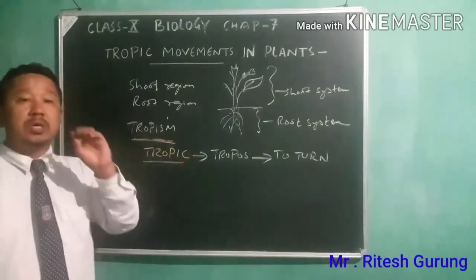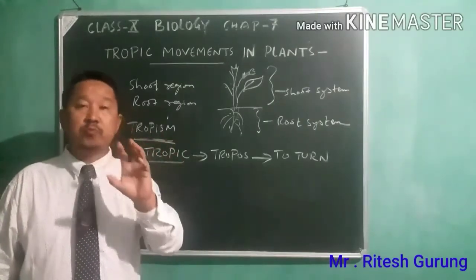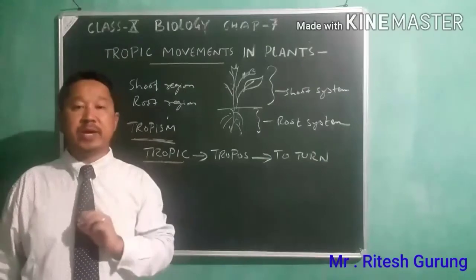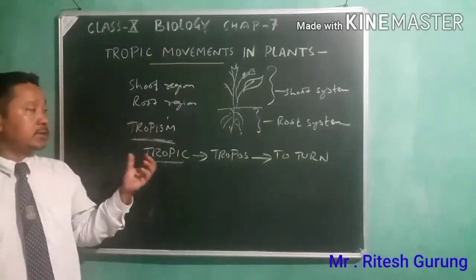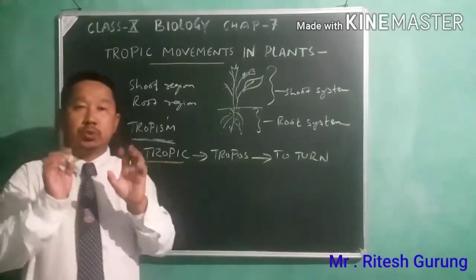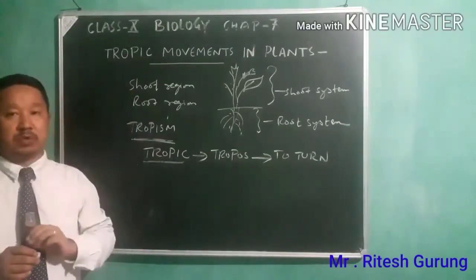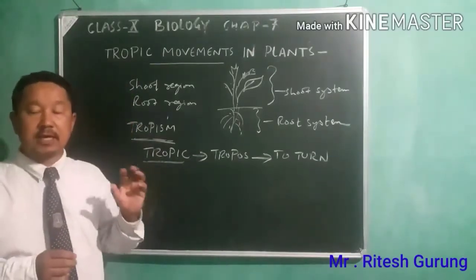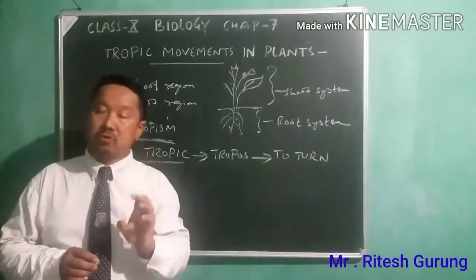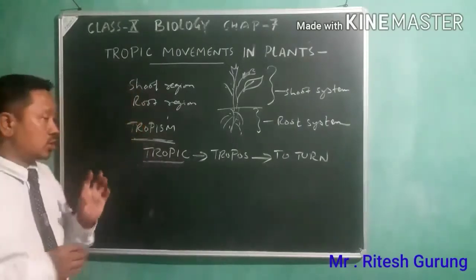Such growth movements occurring in response to unidirectional external stimuli in the plant's parts are called tropic movements.